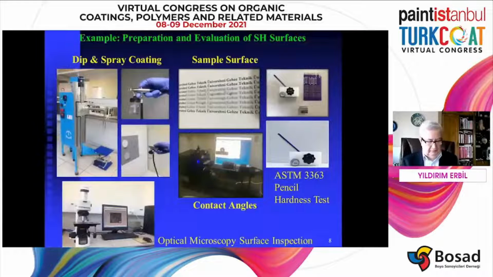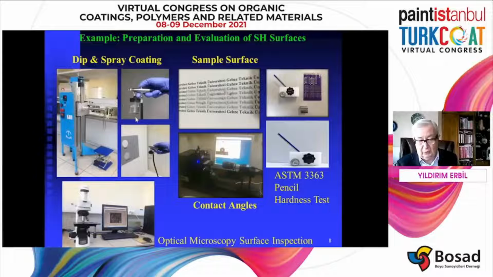Now, in this slide, we are showing the practical production of the superhydrophobic surfaces. After preparation of a solution, it is possible to apply dip and spray coating.